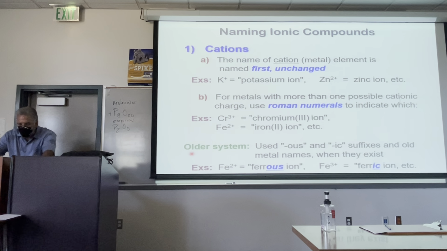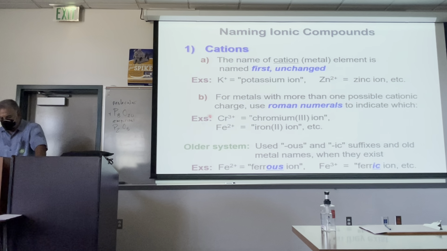So for example, Fe2 plus used to be ferrous instead of iron 2, and Fe3 plus used to be ferric instead of iron 3. And again, the -ic goes with the highest oxidation state, or the loss of electrons. So if you lose 3 electrons, you're -ic. If you lose 2, you're -ous. If you lose 5, for chromium, you're chromic. If you lose 2, you're chromous.